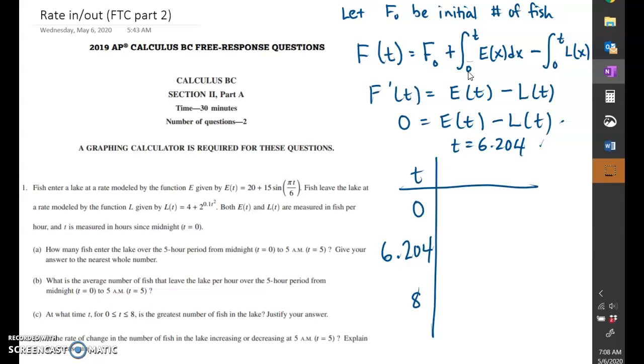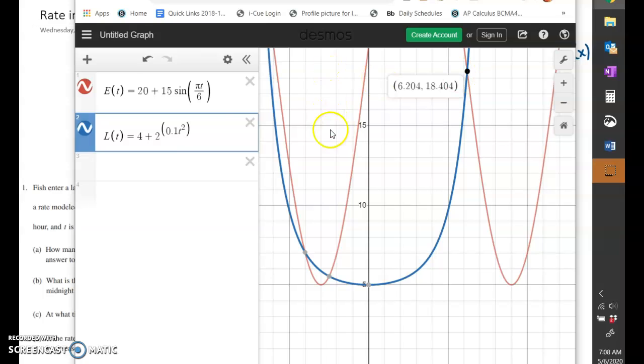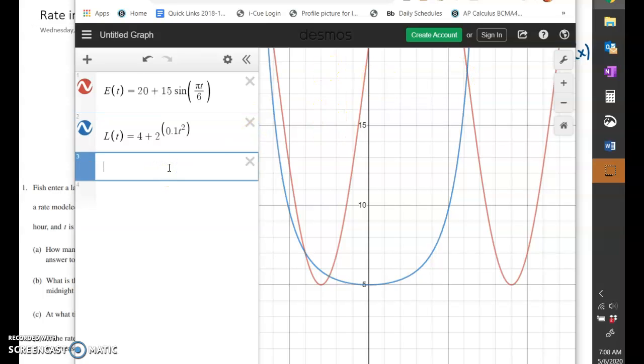So if I plug in 0, I get just that, whatever that initial amount of fish is. If I plug in 6.204, I'm going to grab my thingamajigger here and do the integral from 0 to 6.204 of e of, oops.